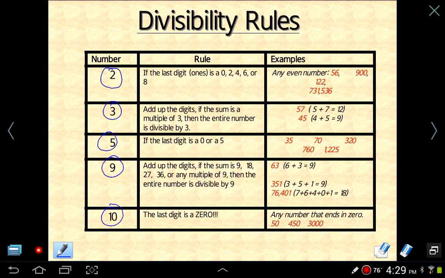Write down the rule, and write down some of these examples. It would not hurt you to write down some examples. You have to have something to go by in order to figure out what these mean. When you're done, go to the next slide.